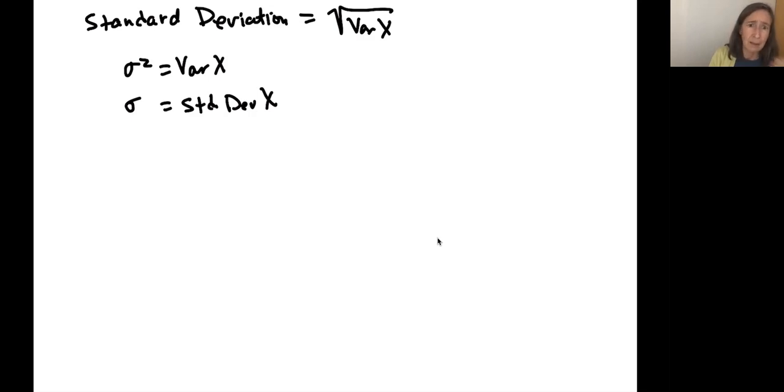And getting a little bit ahead here, but not too far ahead, for random variables that make sense to model using a normal distribution, which height would be one, many things do approximately fit a normal distribution. In those cases, the probability that x is within 2 standard deviations of the mean is roughly 0.95.